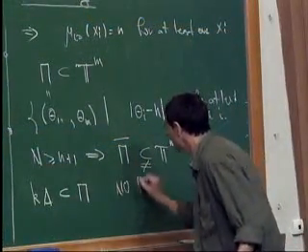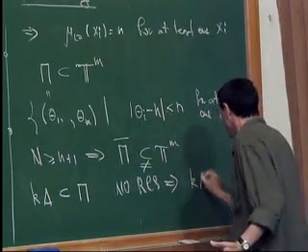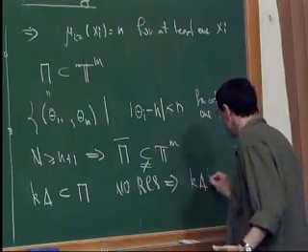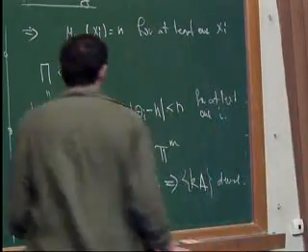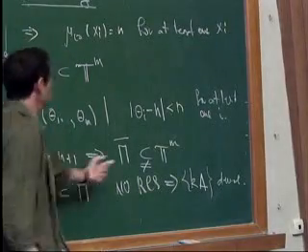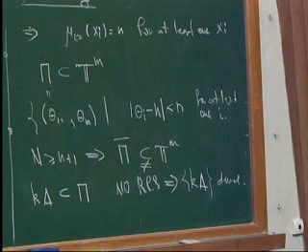So no resonances implies that the sequence k delta is dense, so it cannot be contained in a proper subset. So that's a very easy proof. Interestingly, it's hard to improve on it. It's hard to extract more information, although it might be possible. All right.